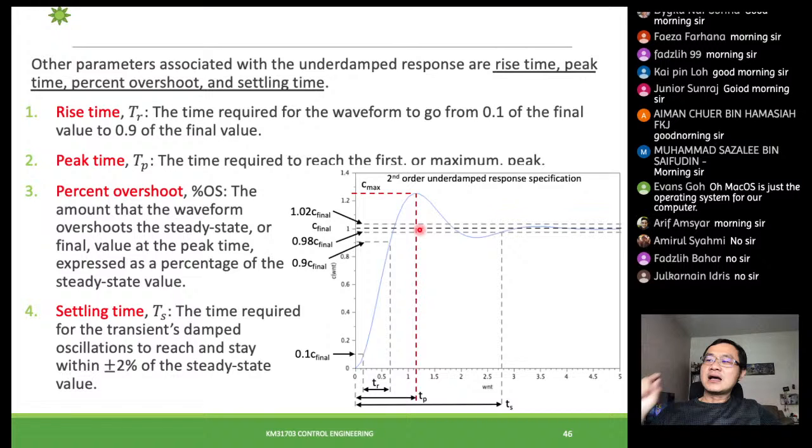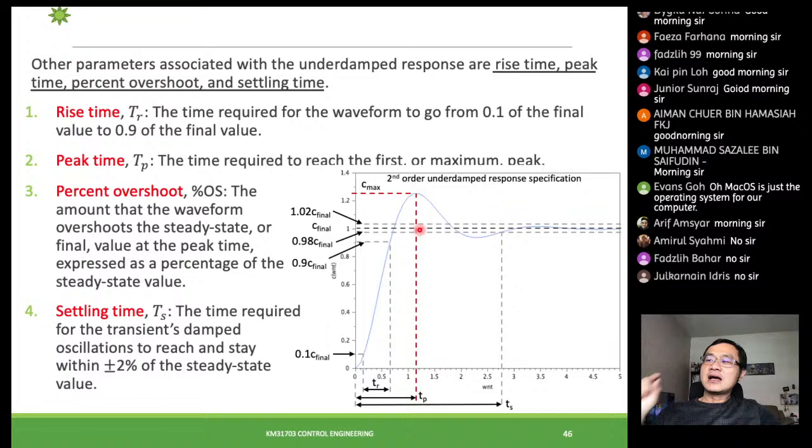This information helps the designer see whether the speed is good enough or not, or whether it will affect the comfort of the design. Sometimes you want it fast, sometimes you want comfort, and so on. So this tells us about the transient response.